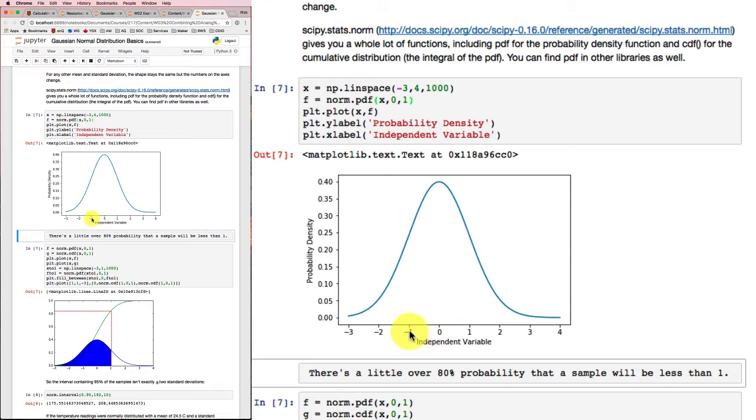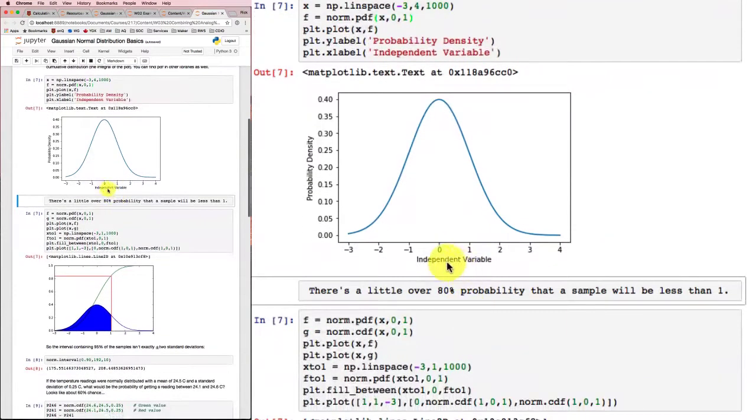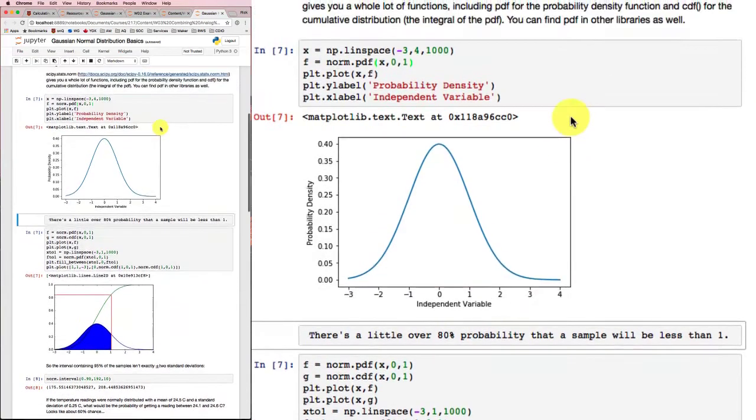And instead of being -1 and 1, these might be 21.7 and 23.7, stretched out or compressed a little bit, depending on what the standard deviation was. But the shape is exactly the same. So everything that we do with a normal distribution with a mean of 0 and a standard deviation of 1, we can translate into exactly the same things with a different mean and standard deviation.